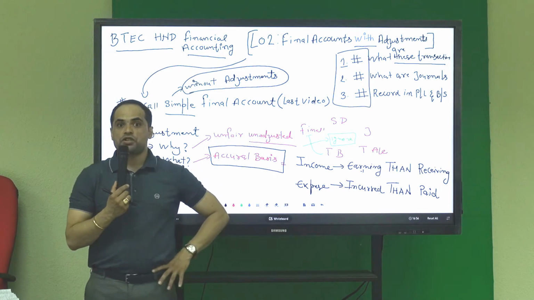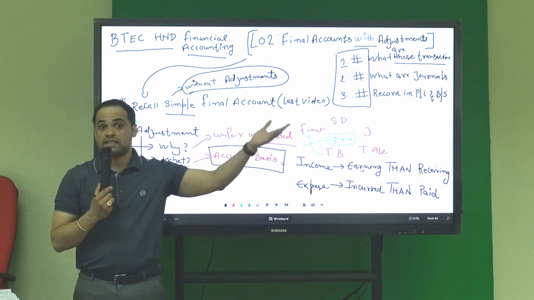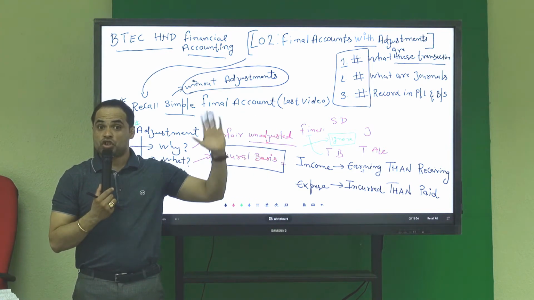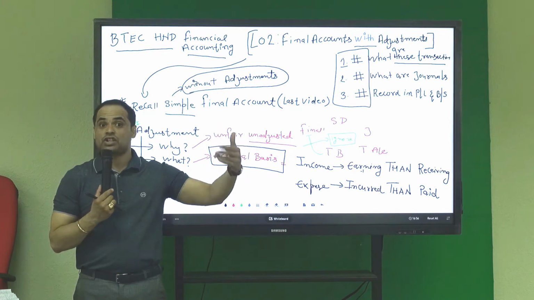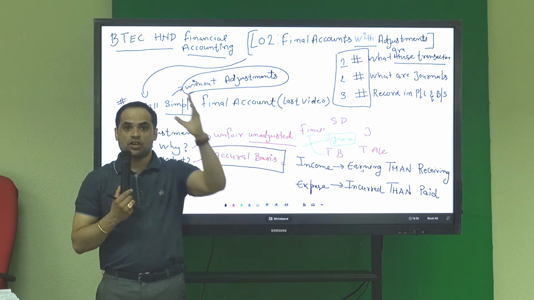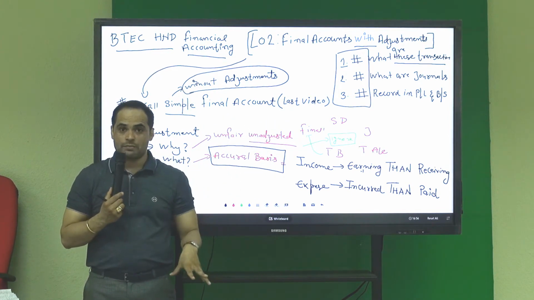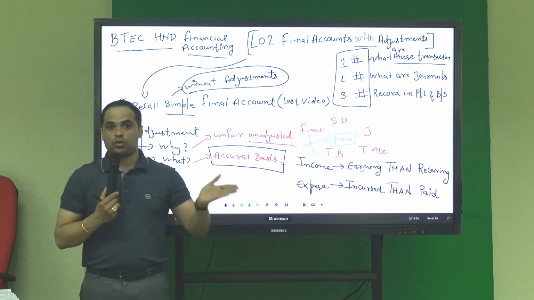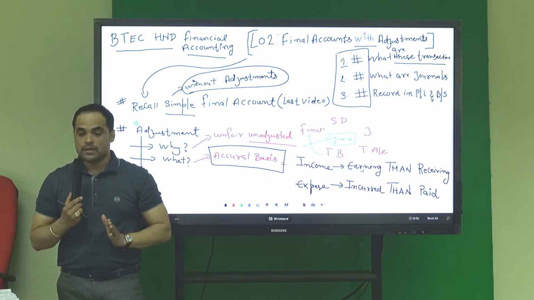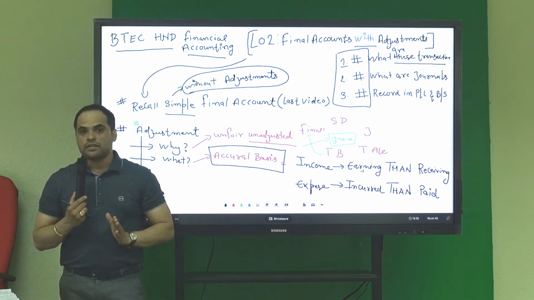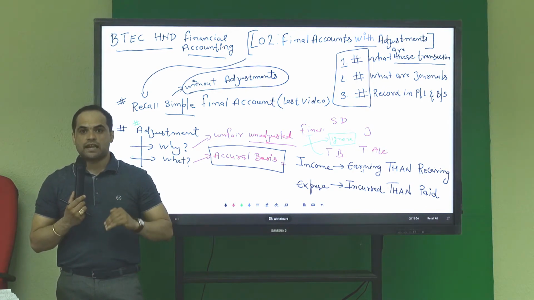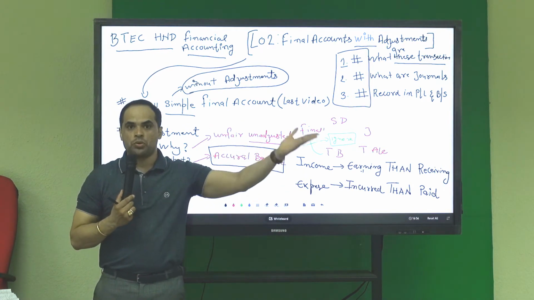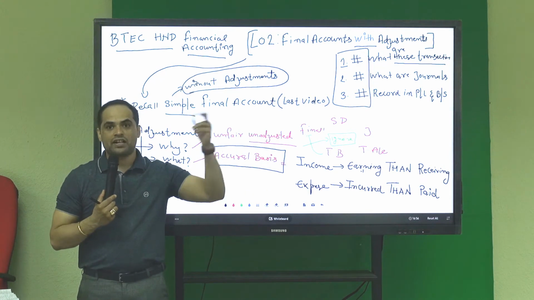After 2 weeks means it is in January, the first week of January. So January means the next financial year has started, because the year runs January to December. So the transaction occurred on 24th of December, but the customer will pay 2 weeks later, when the new financial year has started.